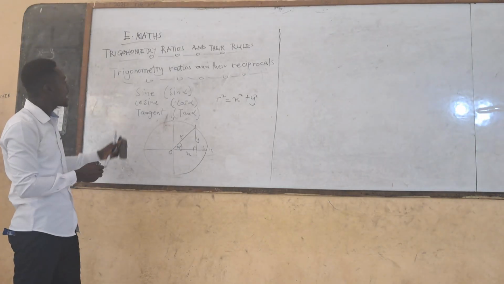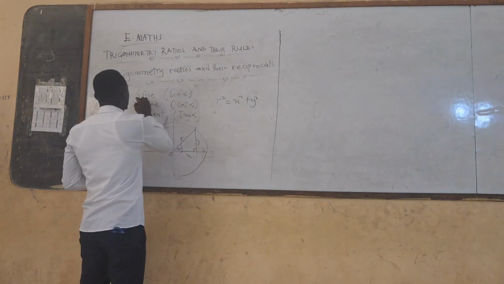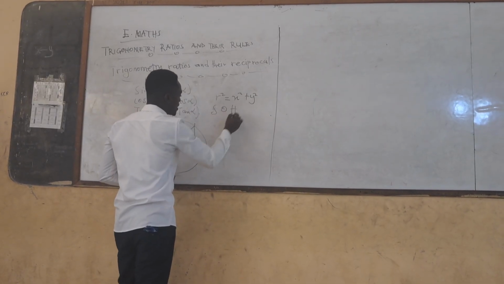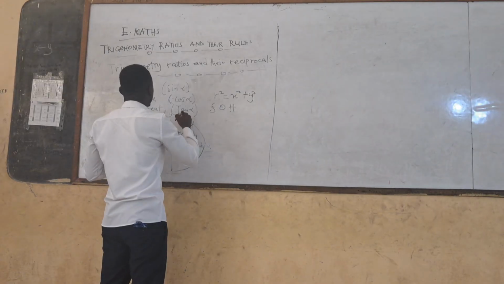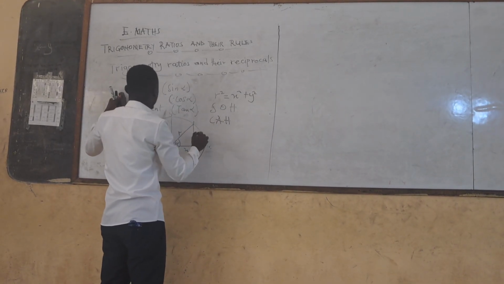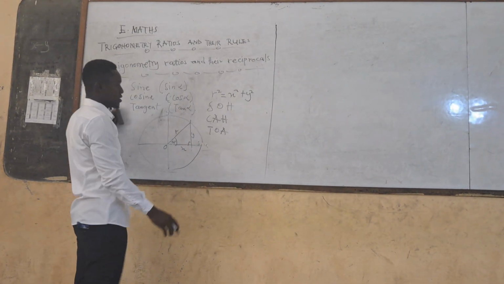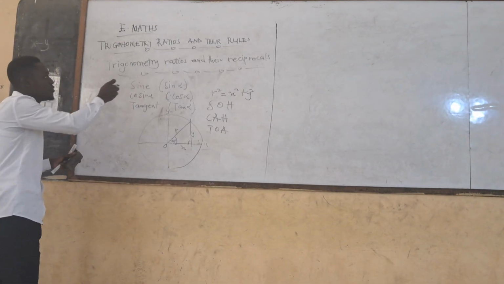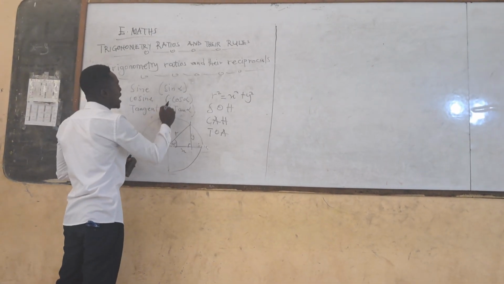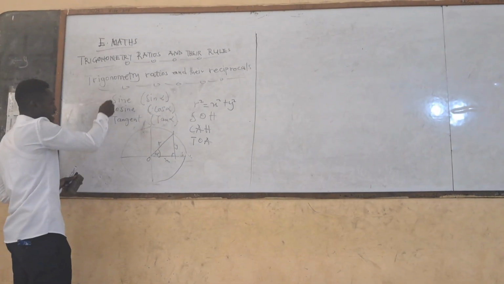Now, let's look at these. We have sine, cos, and tan. These are the basic trigonometry identities, which help us to reduce the ratios.